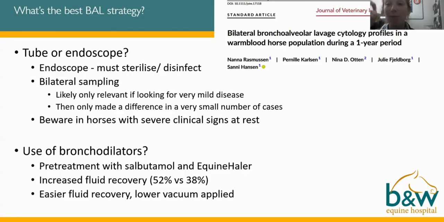So then this paper that came from France, and actually there was a similar paper preceding it also from French authors, looked at whether we should be sampling both lungs. So obviously you need to use the endoscope if you're going to do this. The headline results are very exciting and suggest, oh, the two different lungs are different.